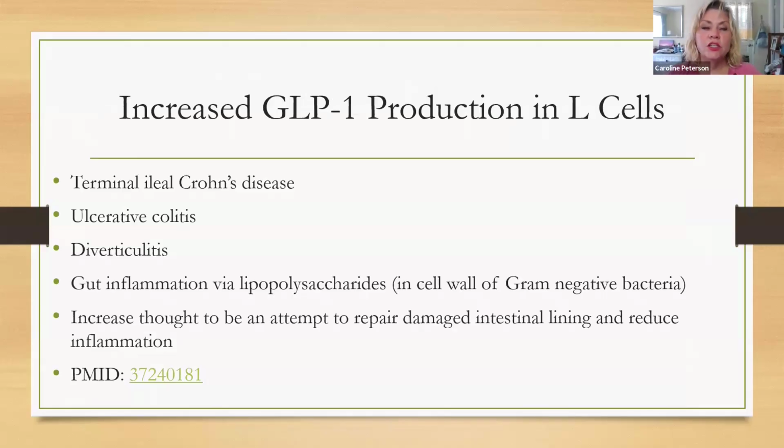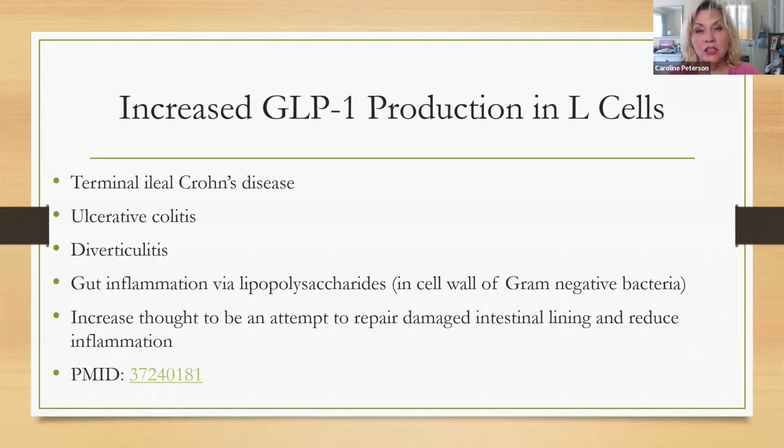We do have an increase in GLP-1 with other inflammatory states. So if you have terminal ileal Crohn's disease, that will cause an increase in GLP-1 production. If you have ulcerative colitis, that causes an increase in GLP-1 production.